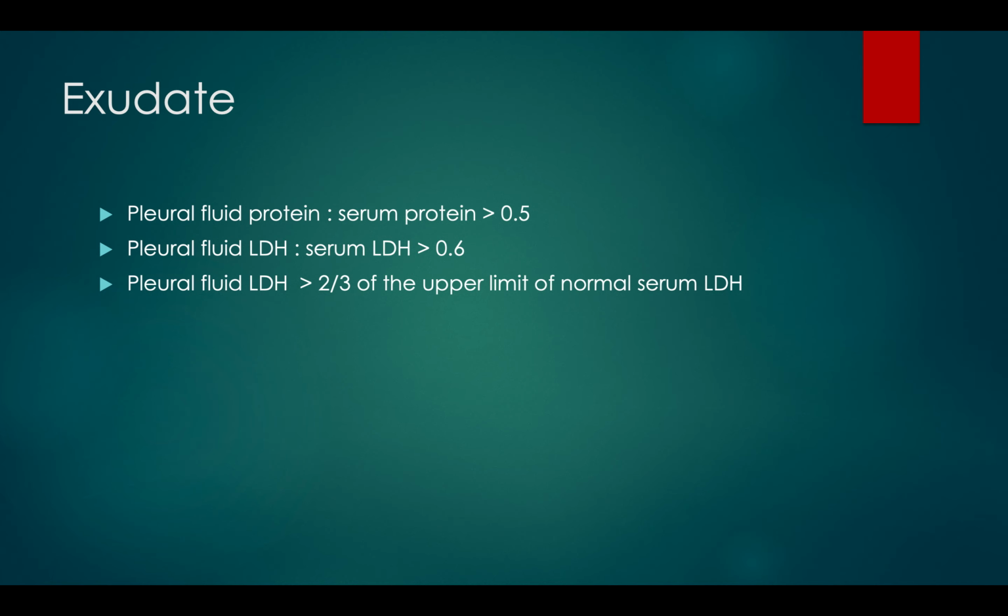The presence of any one of these three criteria is sufficient for the pleural fluid to be labeled as an exudate. When none of these three criteria are present, the pleural fluid is a transudate.